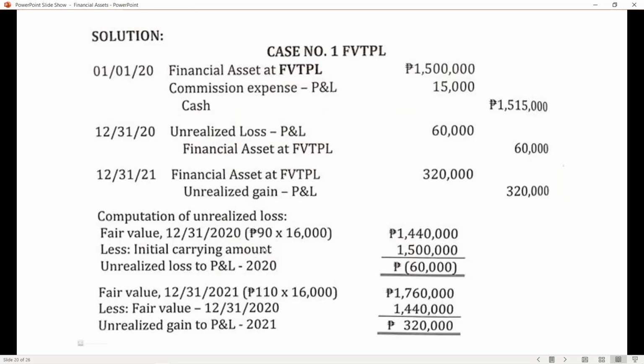Tapos yung carrying amount niya noong January 1, which is 1,500,000. Kaya yung unrealized loss natin noong December 2020 is 60,000. So para natin siya i-record, unrealized loss through P&L and financial asset at FVPL, which is 60,000. Debit unrealized loss, credit financial asset, kasi magdi-decrease yung value ng financial asset mo.